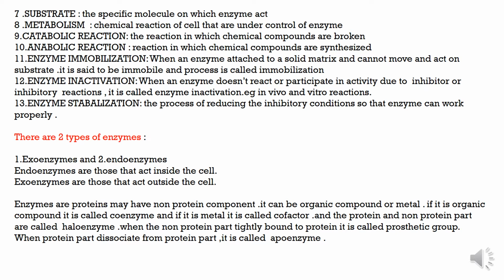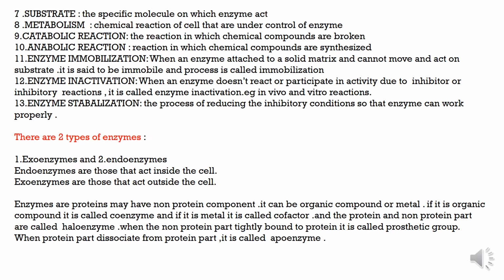There are two types of enzymes, exoenzymes and endoenzymes. Endoenzymes are those enzymes that act inside the cell. Exoenzymes are those enzymes that act outside the cell. Enzymes are proteins that may have a non-protein component. It can be an organic compound or a metal.